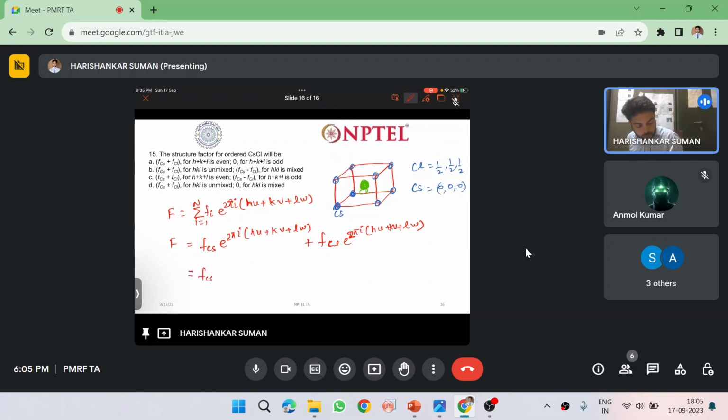So assume two cases. Say first, h plus k plus l equal to even.